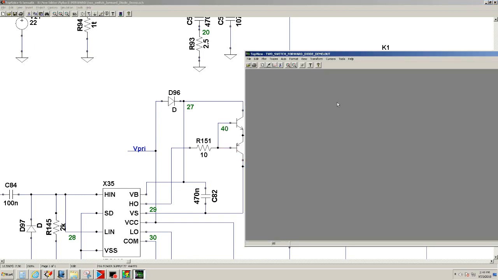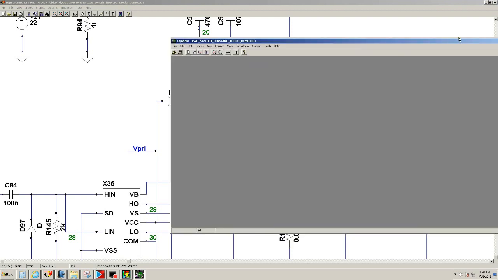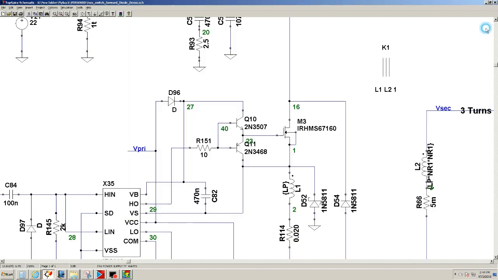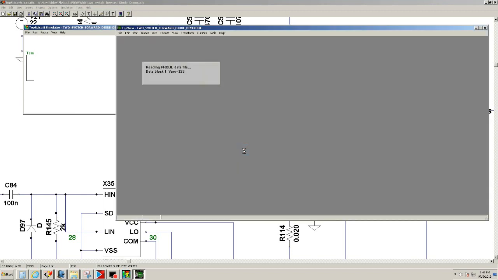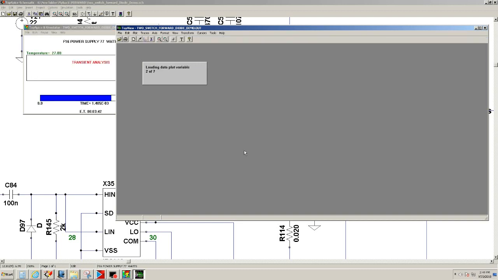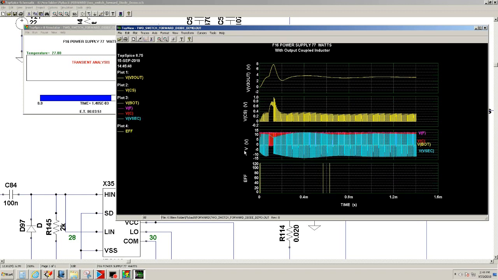Should be working. I'll try it in a little bit. Let's take a look at this. Still running. Okay, so that looks good.